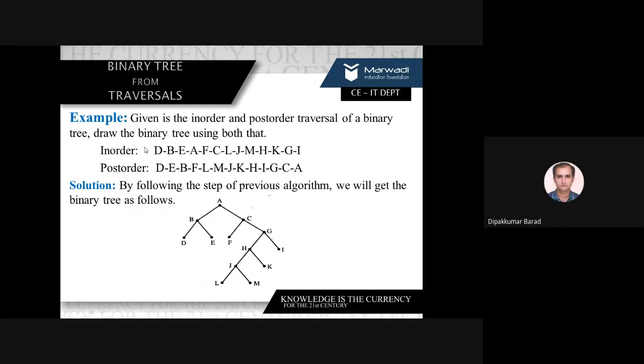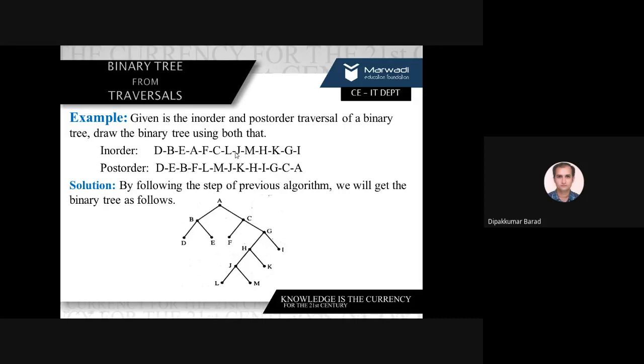Now in D, B, which are on the left side of A, again from the in-order, D is on the left side of B and E is on the right side of B, so we get D as the left child of B and E as the right child of B. And here these are the eligible candidates. Now we have F on the left side of C and all these are on the right side. So F is the left child first of all.